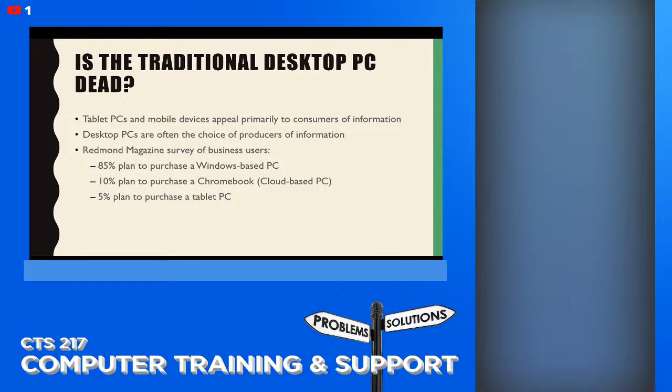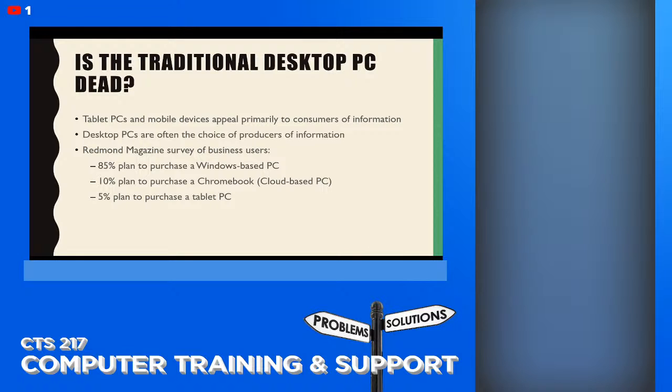People that actually do the number crunching, people that are doing. So I feel like this is pretty interesting and something to really think about in terms of user needs: who needs a desktop PC, who could get away with a tablet PC or cloud-based PC.